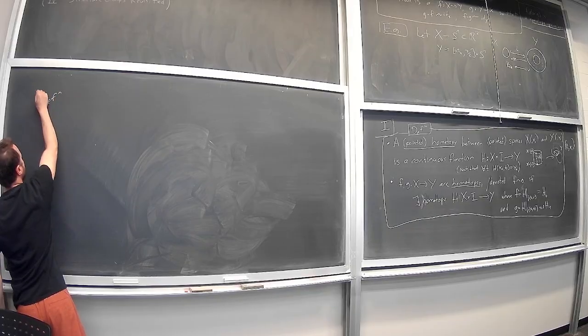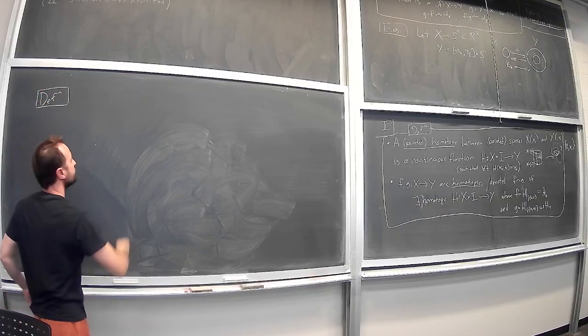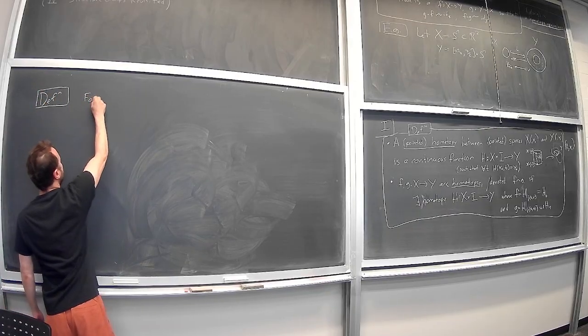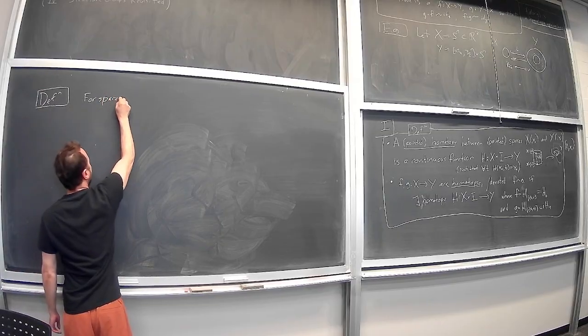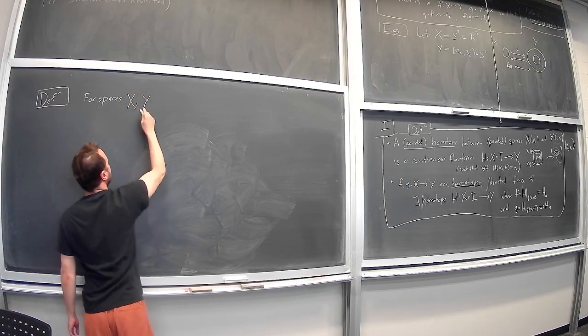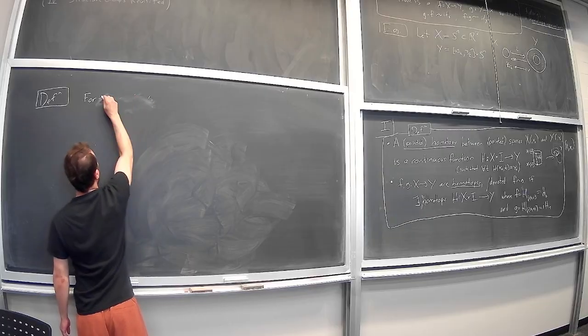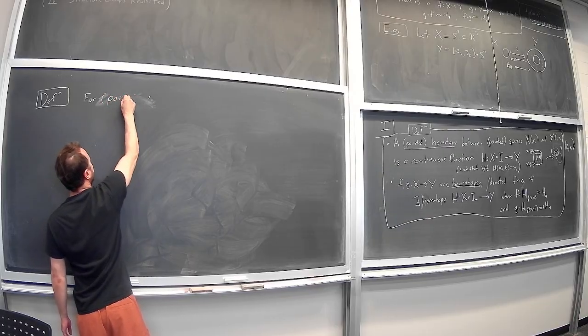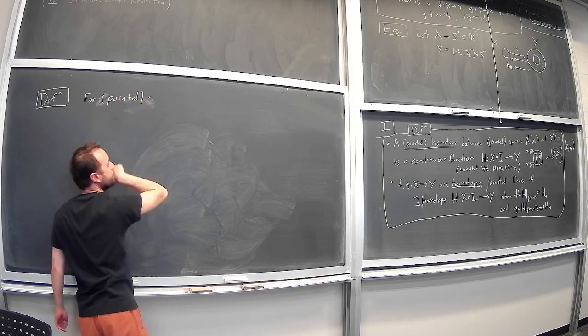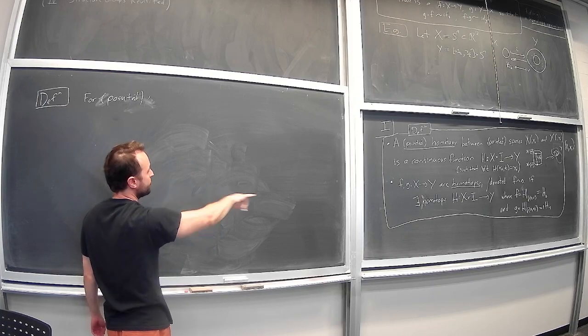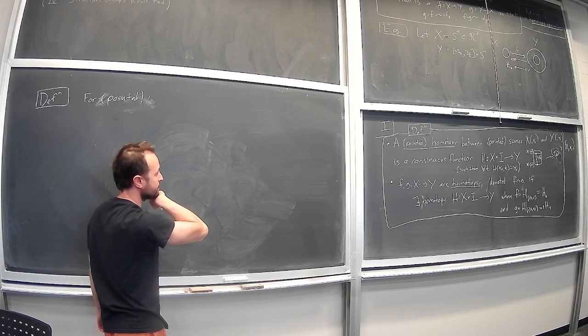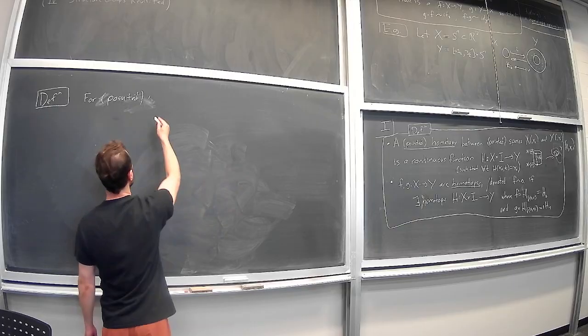So this is some notation, rather than a definition. For spaces x and y, well, let's say pointed spaces, let's do a double definition again. And homotopic, you can also upgrade that to pointed homotopic just by requiring a pointed homotopy.